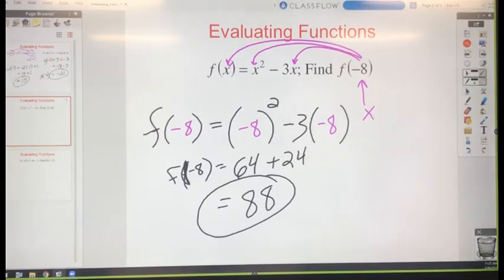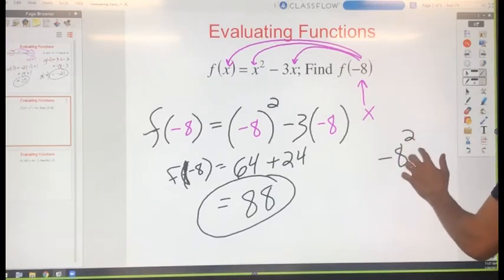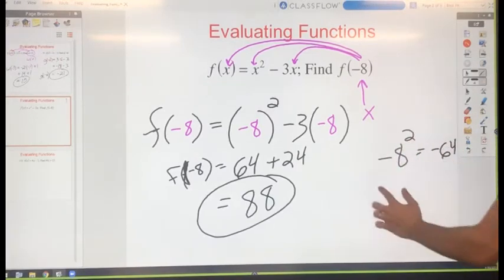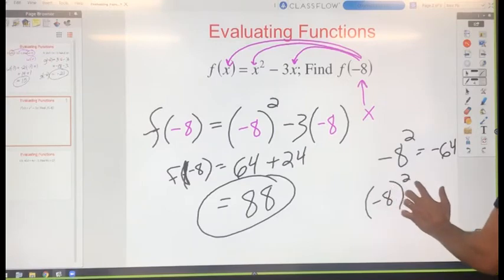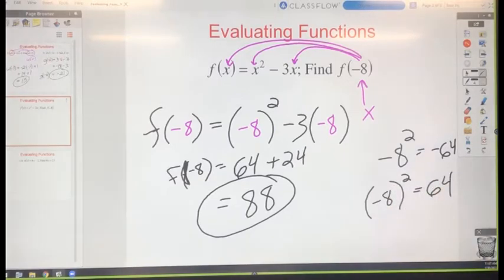Yes. Watch out with the calculator. This will give you a -64, but this will give you a positive 64. Make sure you always put negatives in parentheses if you're squaring in the calculator. Otherwise, it's going to follow order of operations and do the exponent first.